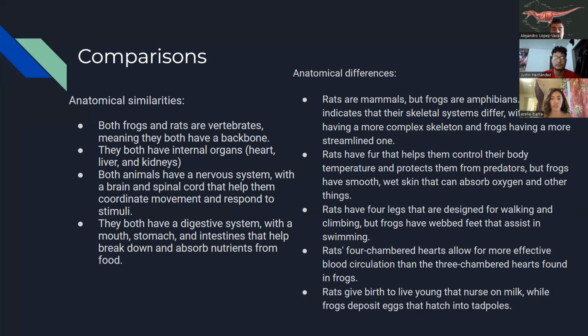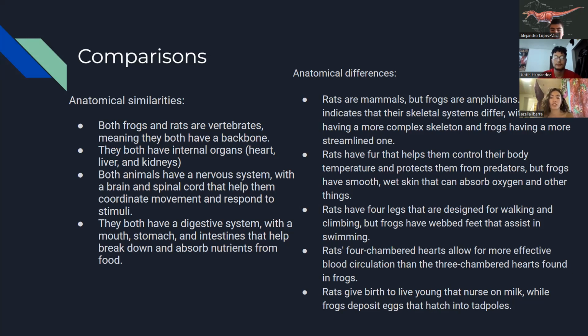The third difference would be that rats have four legs that are designed for walking and climbing, while frogs have webbed feet. The other difference would be that rats have a four-chambered heart for more effective blood circulation, while frogs have a three-chambered heart.